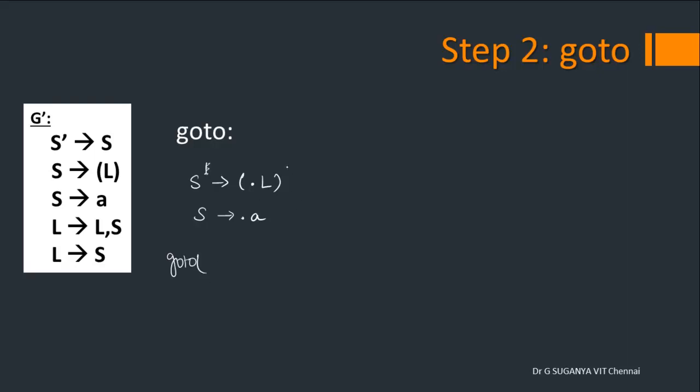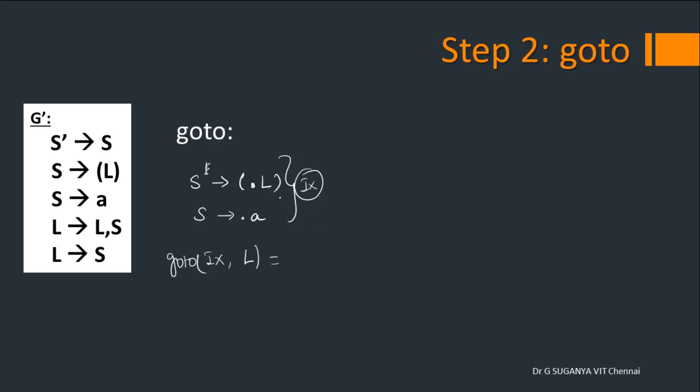Suppose I represent this state as Ix. What are the symbols you are expecting? One is capital L, another one is small a, because the symbol after the dot is expected to be on the input. If it is a non-terminal, you know it will be expanded, that's not a problem. So goto of Ix comma capital L is equal to, actually this needs to be written with the closure. I am just taking an example to show you. The complete evaluation we will look at in the next slide.